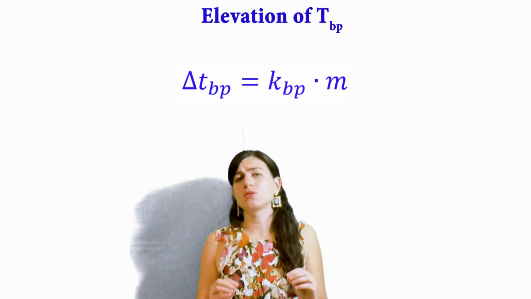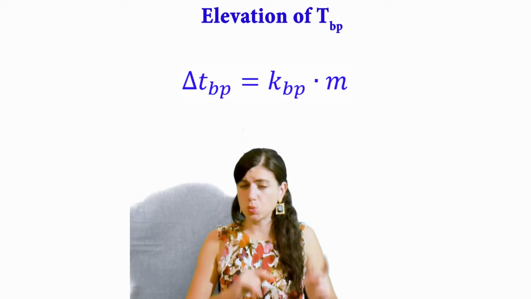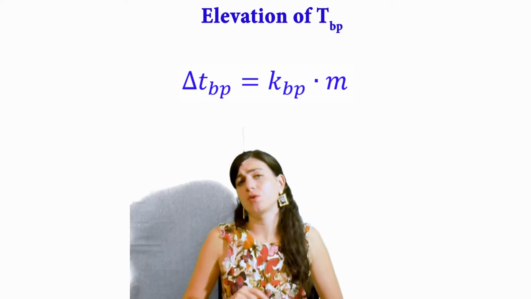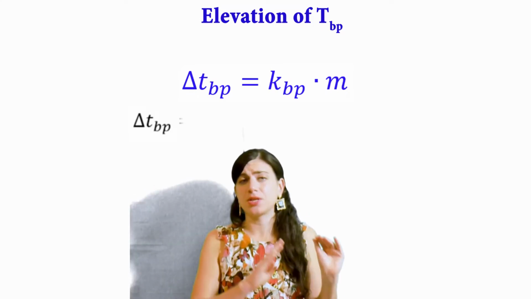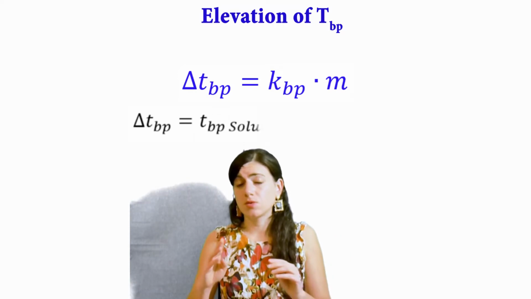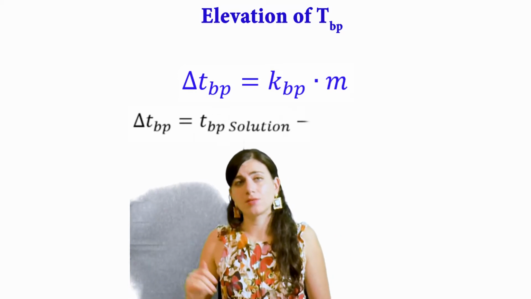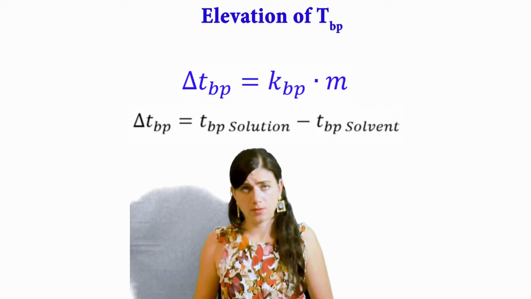Be careful now, because this delta is not the same as we have seen for the lowering of vapor pressure, because delta this time is the difference between the boiling point of the solution minus the boiling point of the pure solvent.